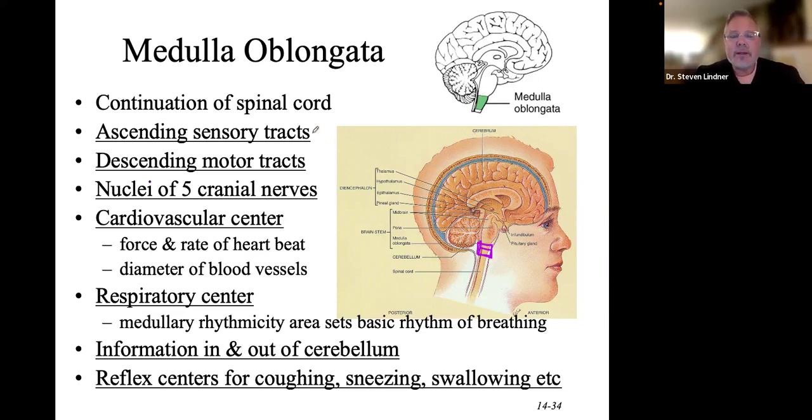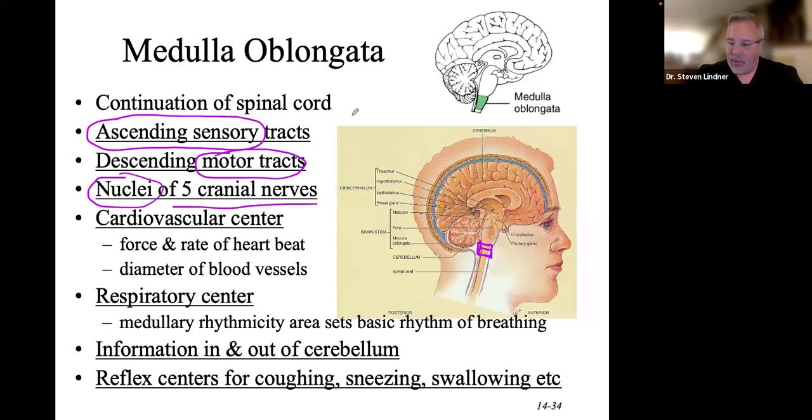Within the medulla, there are ascending tracts, which we know are sensory tracts, and there are descending tracts, which we know are called motor tracts. Within the medulla are the nuclei of 5 cranial nerves.